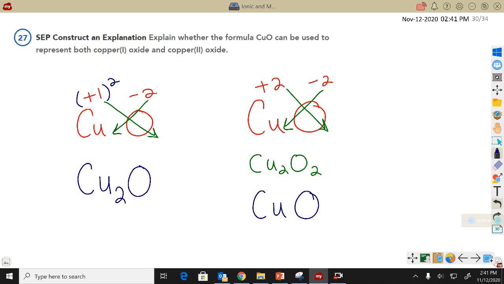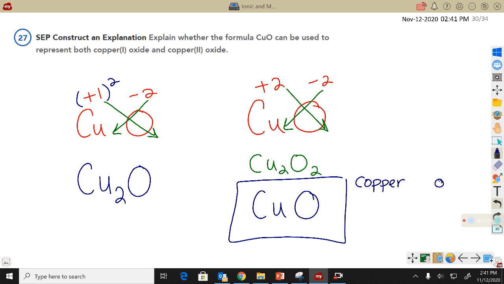Because again, if I were given the formula, and if I had to write the name, well, I know that it's copper and oxide. Before I say I'm all done, I look at the periodic table and then I see, ooh, yeah, copper's in that middle transition group. So I'm going to need the Roman numeral to indicate the charge.